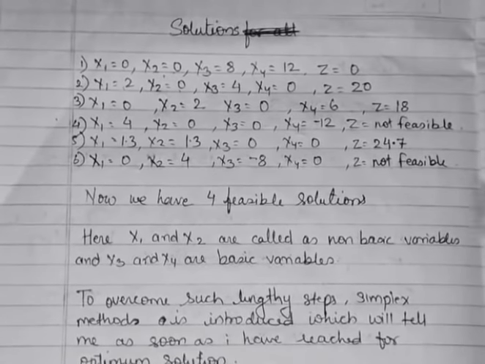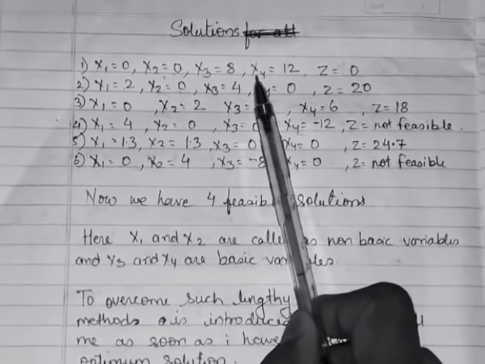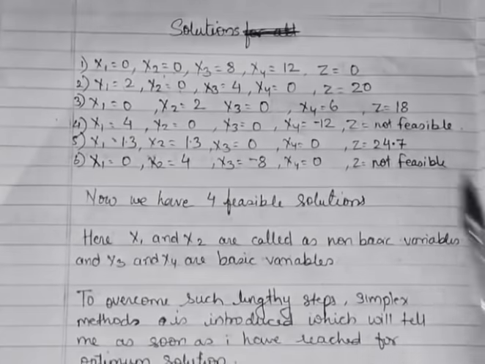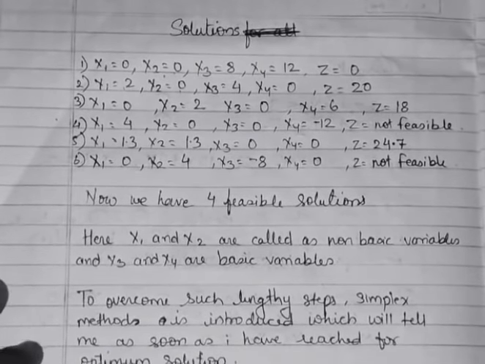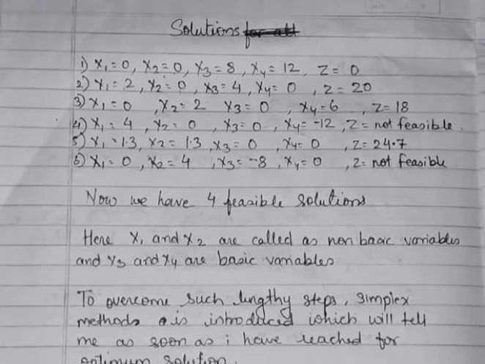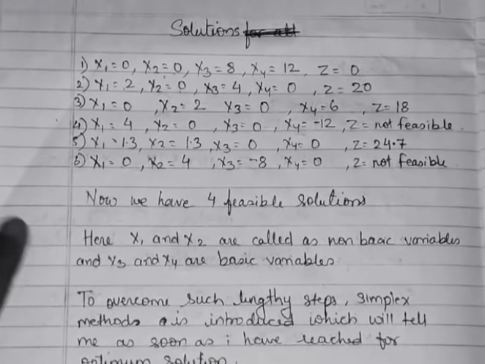So x3 and x4 are called basic variables, and x1 and x2, which are my primary variables, are also called non-basic variables. So always remember basic and non-basic variables. x1 and x2 are non-basic variables, x3 and x4 are slack variables, also called basic variables, right?